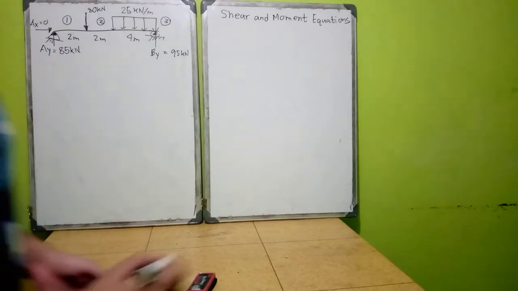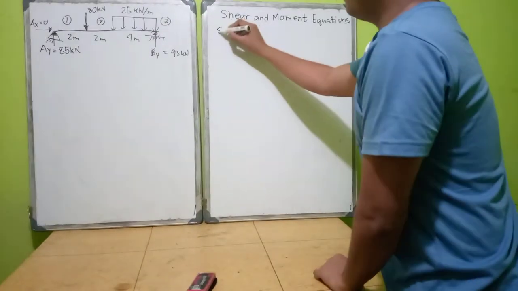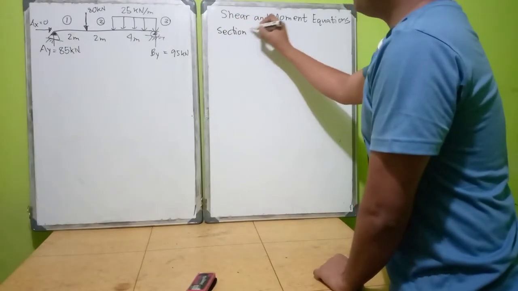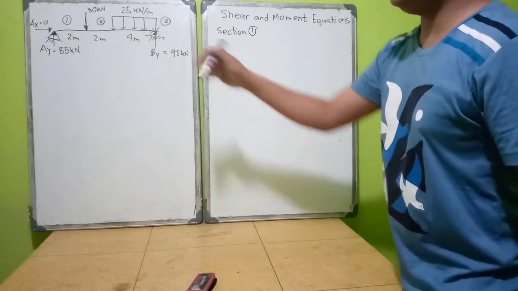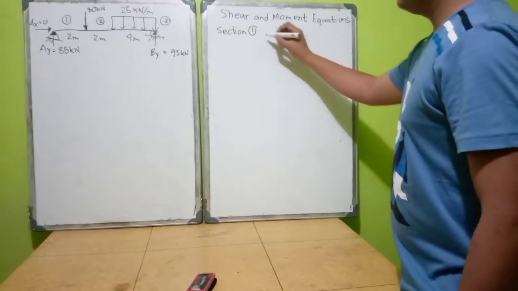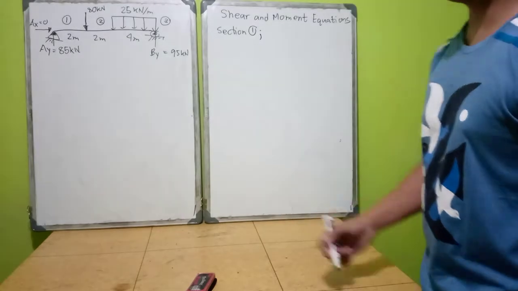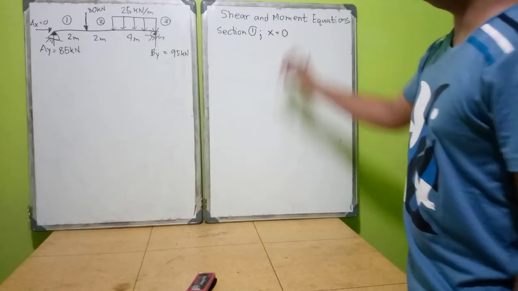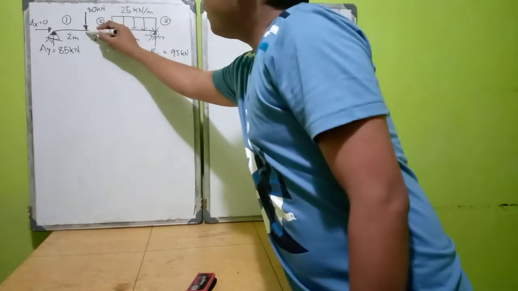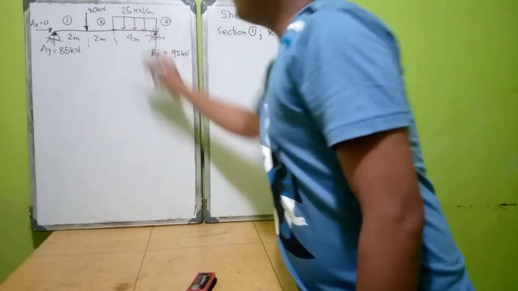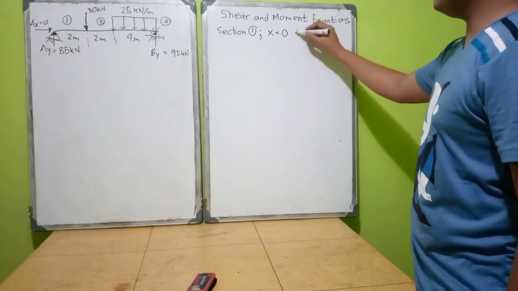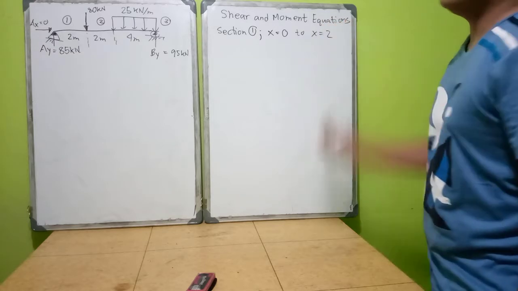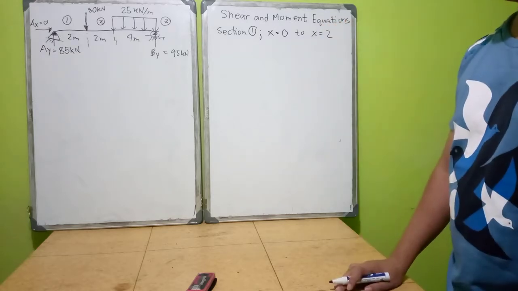Let us say section 1, where x goes from 0 to 2.